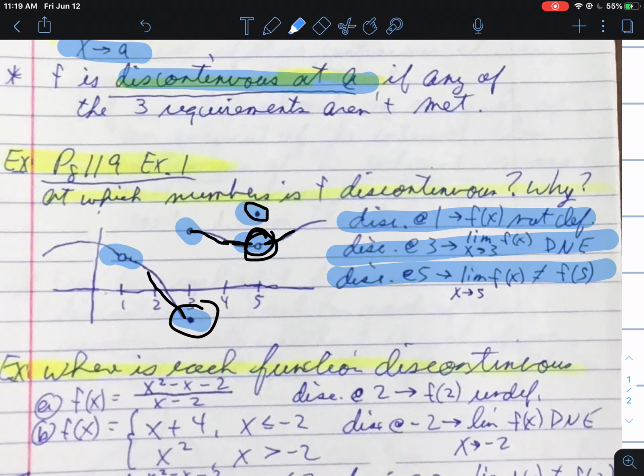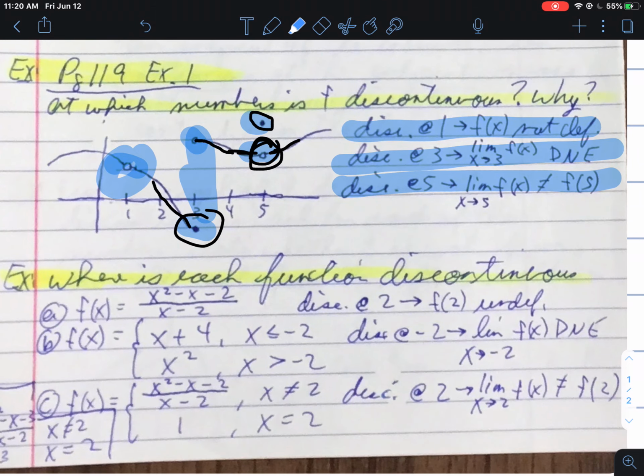So that's a graphical observation, and like I said, it's pretty easy to tell if a function is discontinuous or not continuous at a point, because you can very easily see on the graph there's either a big gap like you have here, or one of those holes in the graph like you have there. But then again, if I need to give the reason, I need to understand why.